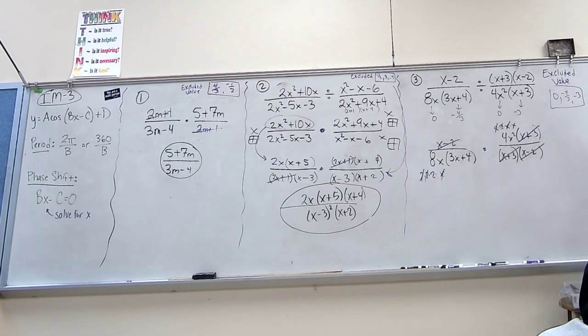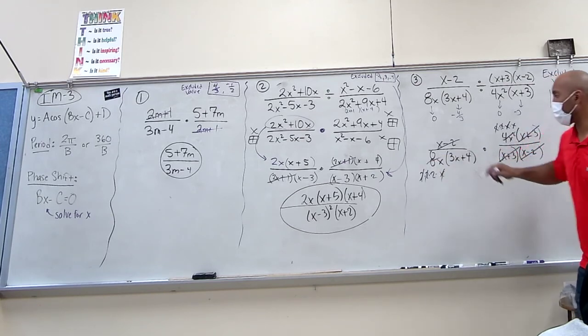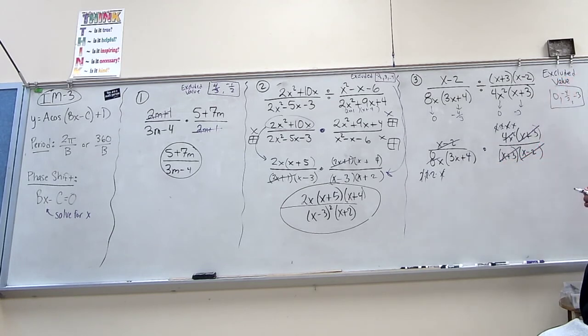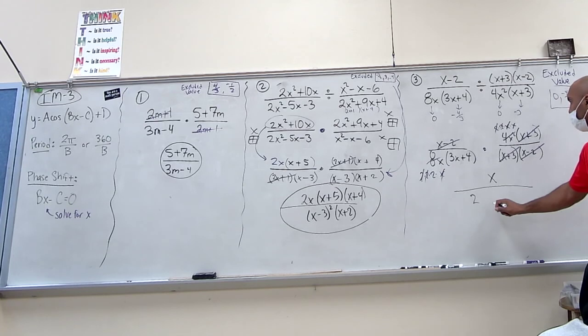Now, remember, we already factored this, so I'm not going to be looking at that one. I'm just looking at right here, what I have left. So now, on the top, what do I have left? Just x. Just that one little x right there. What do I have on the bottom? 2. I got a 2. What else? 3x plus 4. And 3x plus 4.